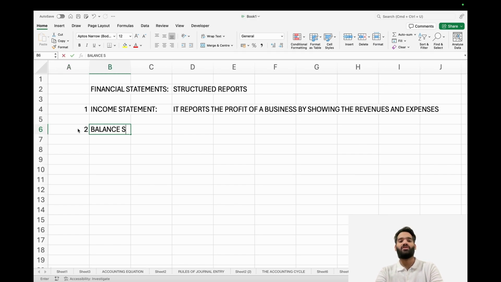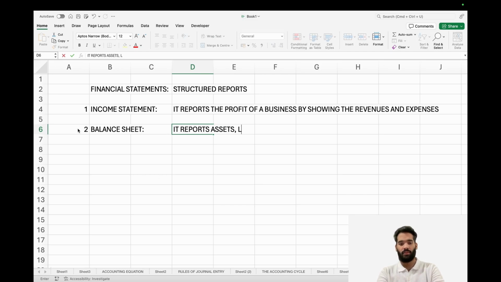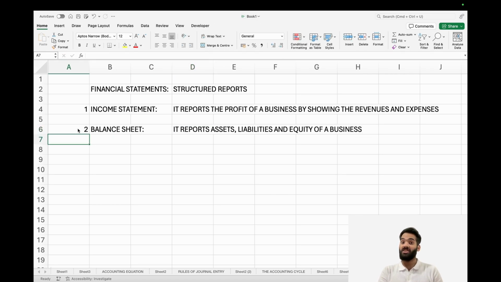So the second financial statement is called the balance sheet. This is where we report assets, liabilities, and equity of a business. Now this balance sheet actually tells us the financial position of a business, because if you know what someone owns and what that person owes, you actually are understanding how they are doing financially at that point in time, right?